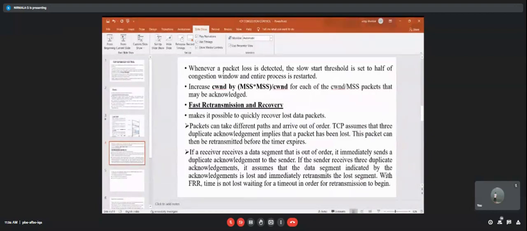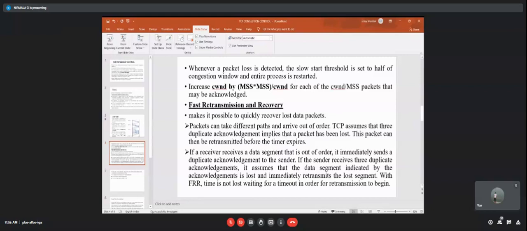There is a packet loss, and it immediately retransmits the lost segment. So it does not wait for any retransmission timer to work. Once the duplicate acknowledgements are received, it immediately retransmits the lost segment. Hence it is called fast retransmission and recovery.